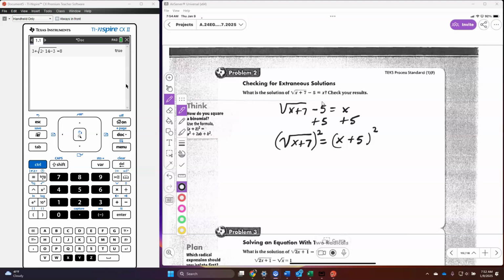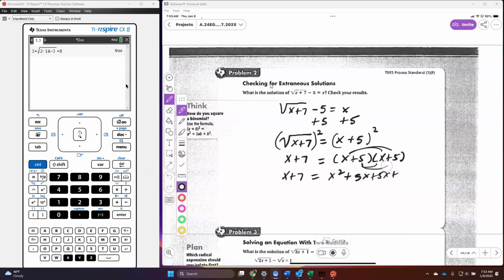You notice the difference now, we have another variable. So we have x plus 7 equals x plus 5 times x plus 5. So it's x plus 7 equals x squared, plus x times x is x squared. X times 5 is 5x. 5 times x is 5x.